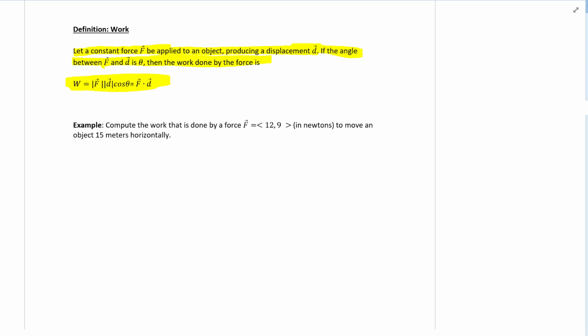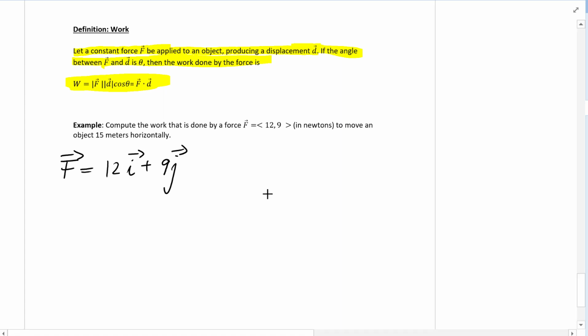So let's take a look at this example. Compute the work done by a force F, written in component form as 12i plus 9j, to move an object 15 meters horizontally.